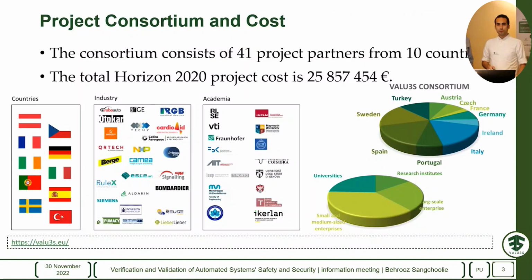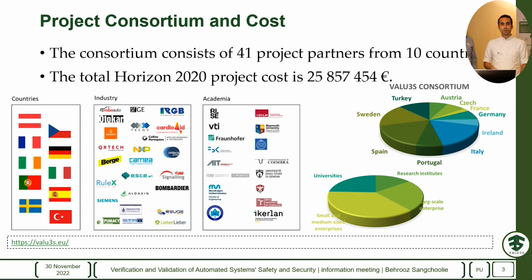The consortium of Values consists of 41 project partners from 10 different countries with a mixed range of large-scale and medium and small-scale enterprises, as well as academic partners, universities and research institutes. The total Horizon 2020 project cost is about 26 million euros.